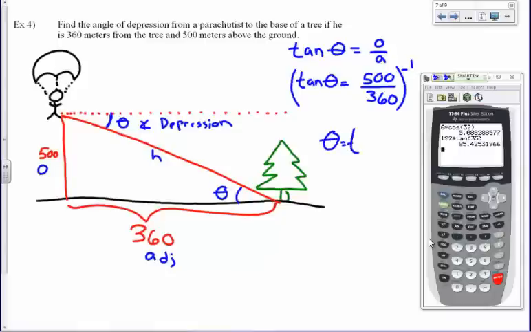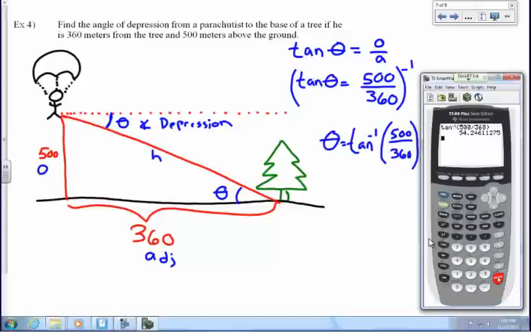This will give me theta on the left and the inverse tangent of the ratio 500 divided by 360. I plug that into the calculator, and I get a value of theta equal to about 54 degrees.